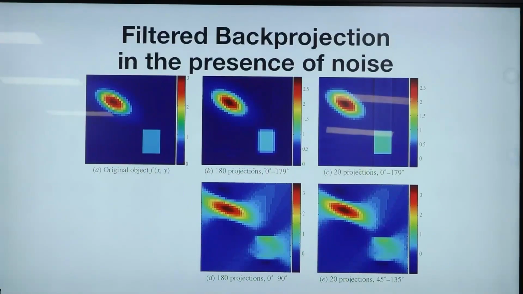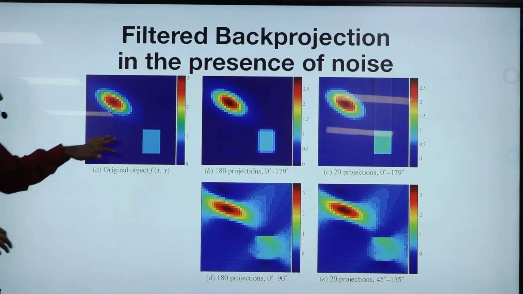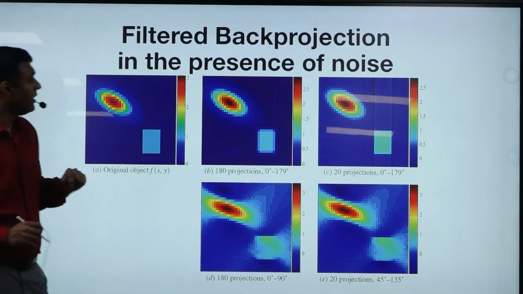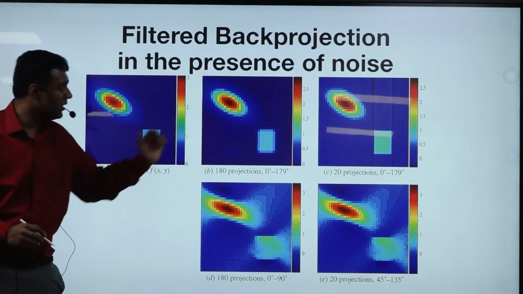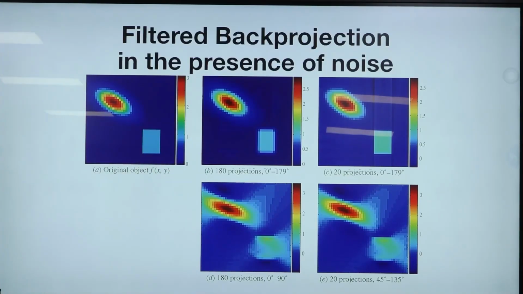The other thing is noise, right? Even if you have all different angles, the presence of noise itself will make your reconstruction worse. When you add more and more noise, even if you have the full range of angles, the actual reconstruction gets a lot worse.